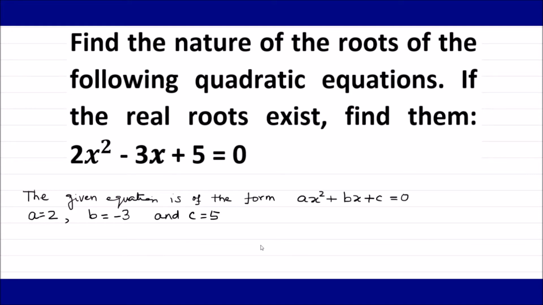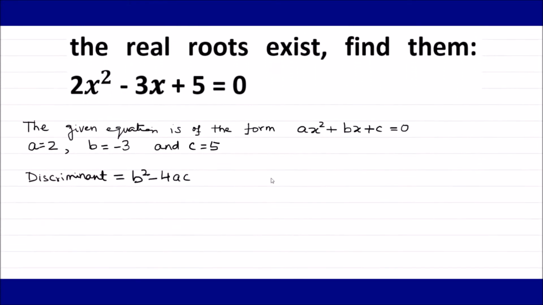In order to find out the nature of the roots, we need to find the discriminant, which is given by b² − 4ac. We are going to find the discriminant first, and only then can we decide the nature of the roots.